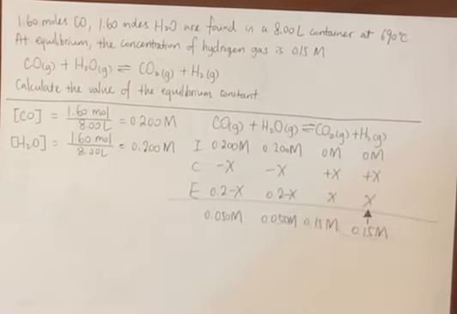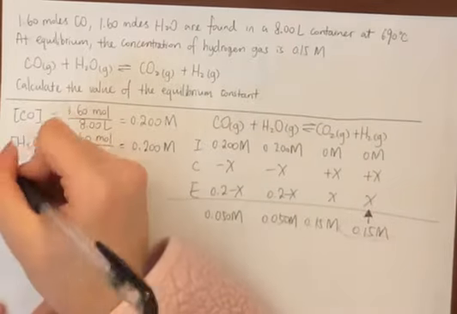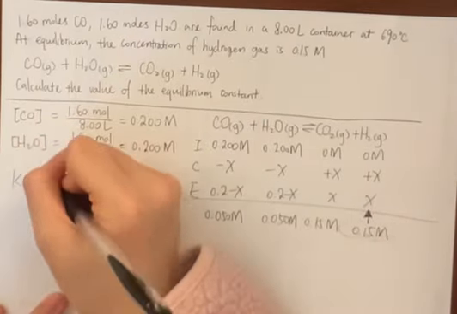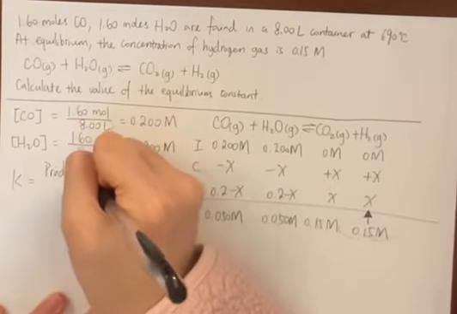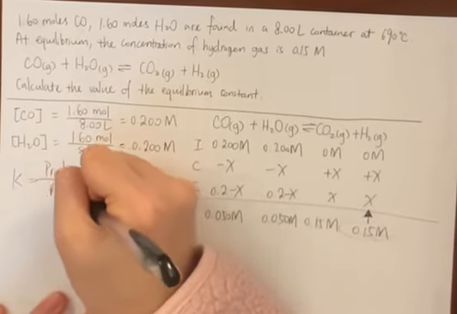Okay, so surprisingly, we figured out all of the concentrations of the reactants and products at the equilibrium state. So in order to find the equilibrium constant, remember the constant is always products over reactants.